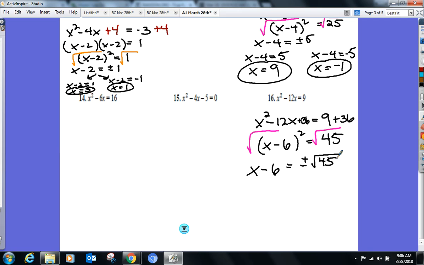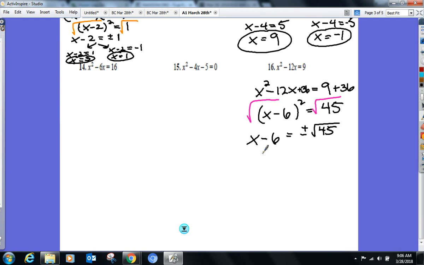Still going to keep the plus or minus on the outside. Okay? What are my two answers going to come from? X minus 6 equals the square root of 45. And where's the other one going to come from? X minus 6 equals, make sure that negative is clearly on the outside, because your calculator may blow up if you try to put it on the inside.